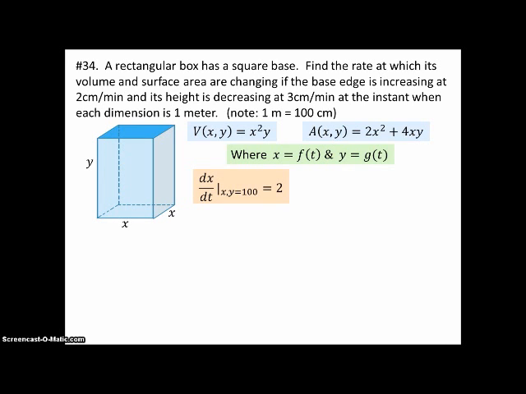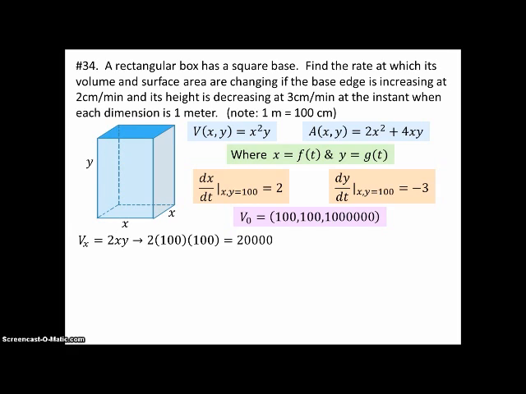And the change in x with respect to t when x and y are 100 centimeters is 2. And the change in y with respect to t when x and y are 100 centimeters is -3 because that's decreasing. And we're talking about the volume at the point when x is 100, y is 100, and the volume then would be 1,000,000. 100 times 100 times 100.